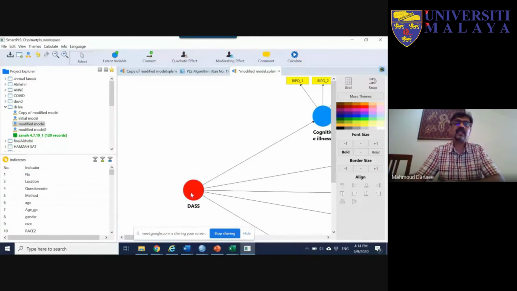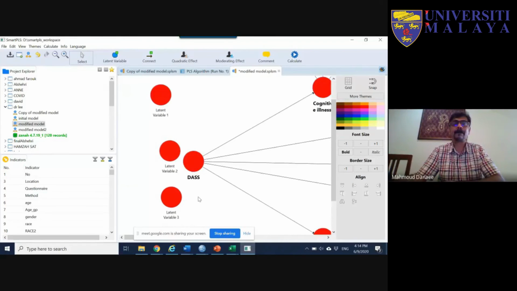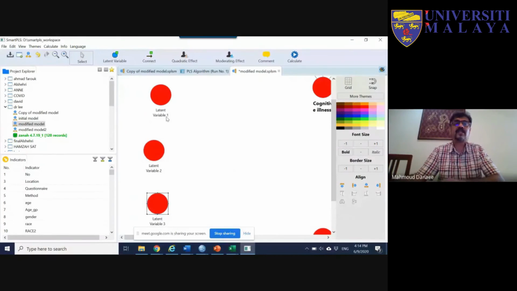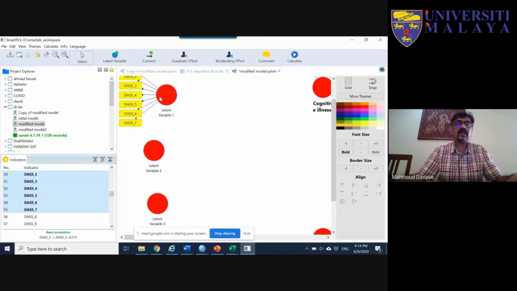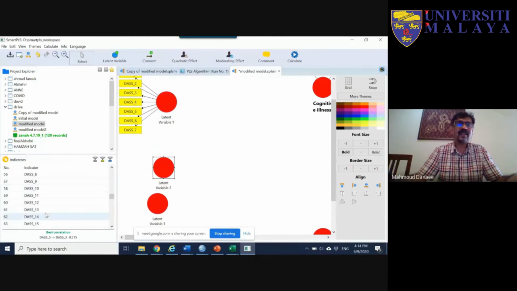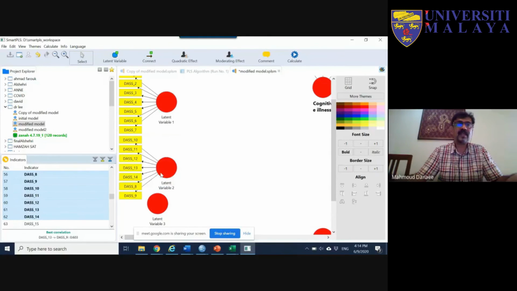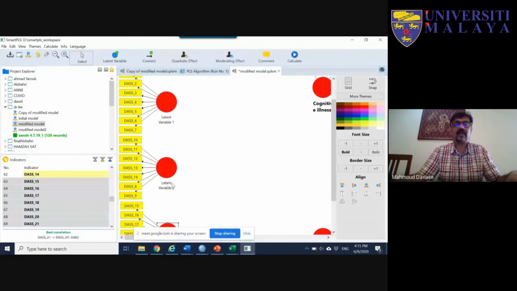Originally, the DASS has three components: depression, anxiety, and stress. The items for the DASS 1 to 7 belong to depression, and then 8 to 14 belong to the second, and the last 7 belong to the third. So look at here, what will happen?